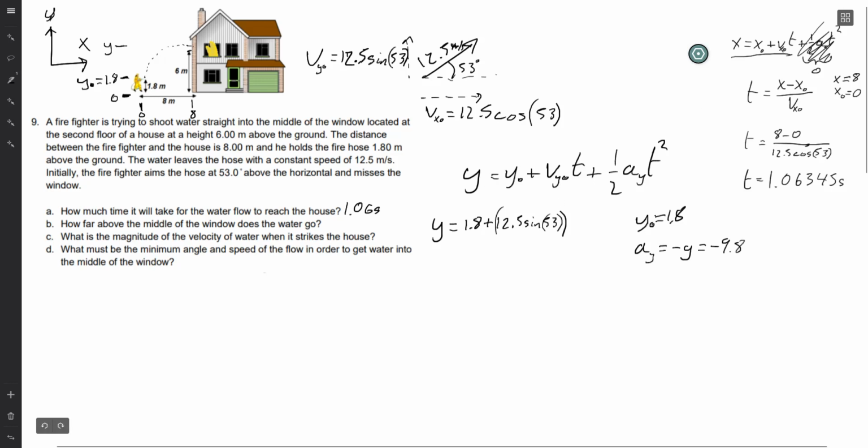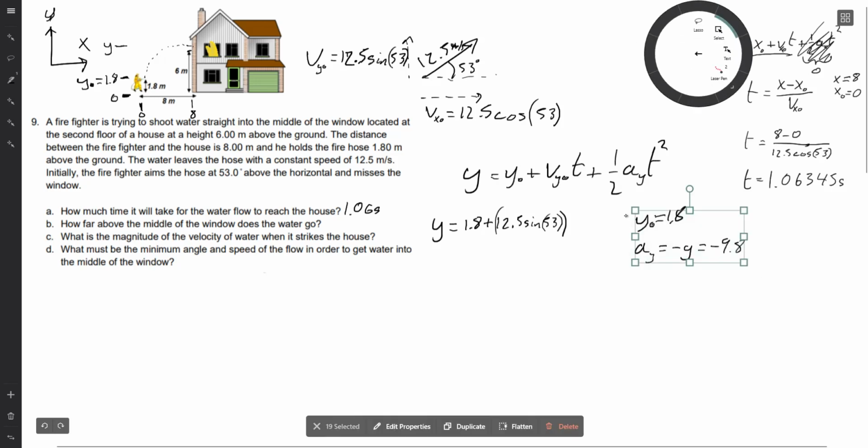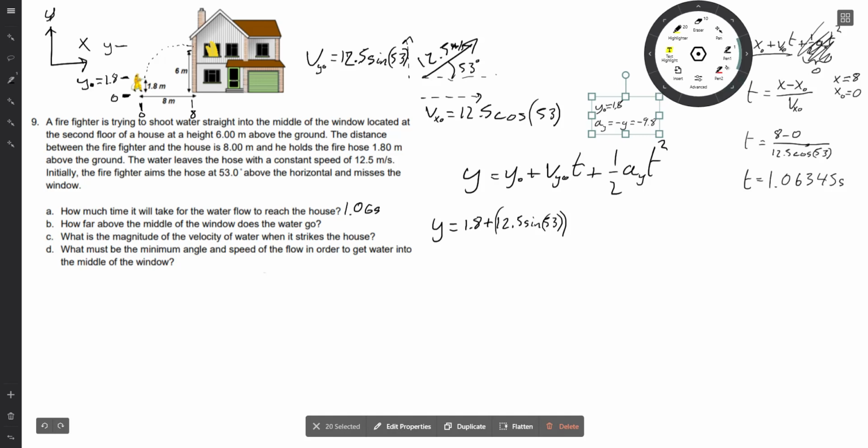I'm going to move this stuff here out of the way and make it smaller. Okay. Back to the equation.